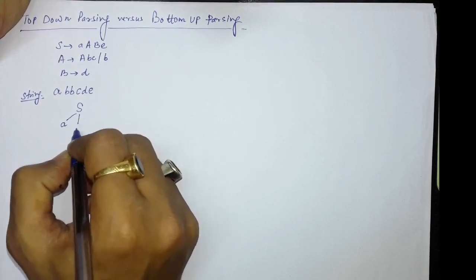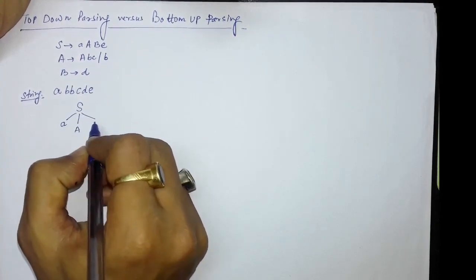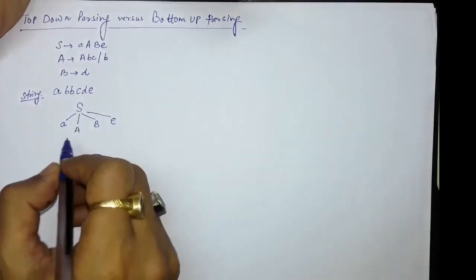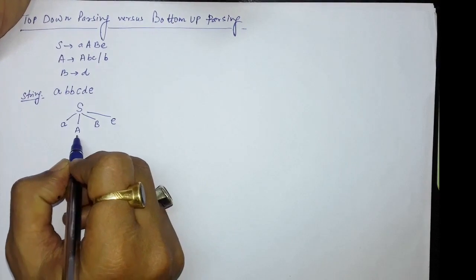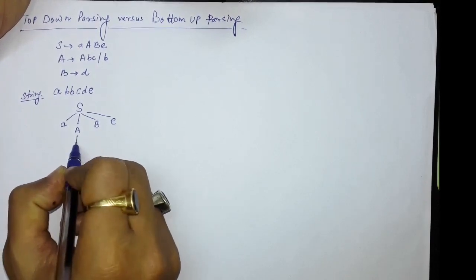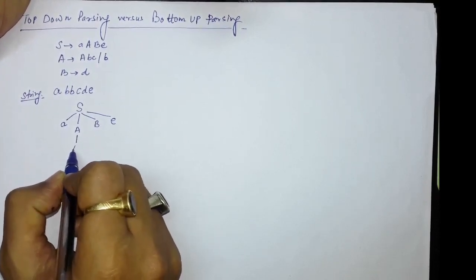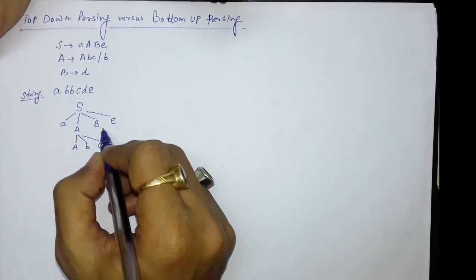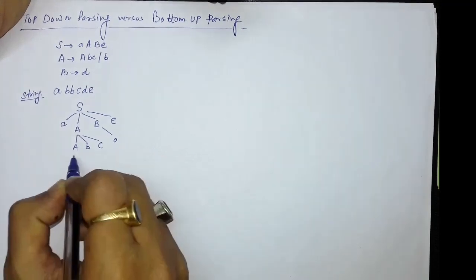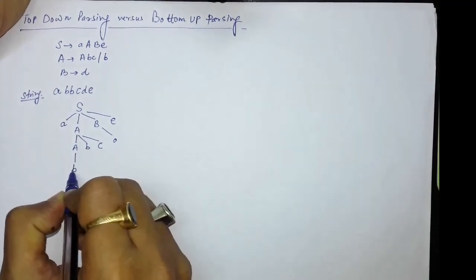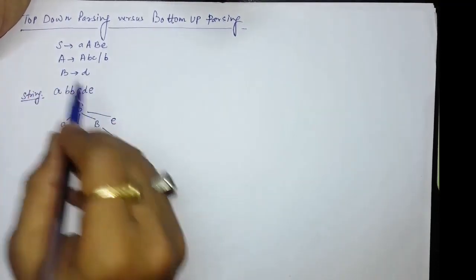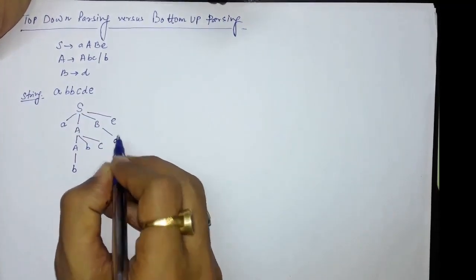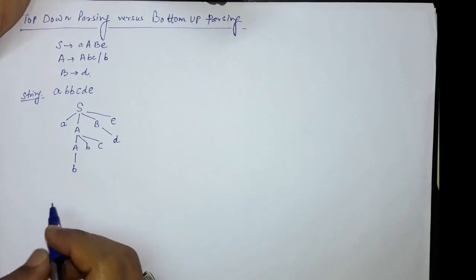to derive the string. So we are taking the first production, which is a, capital B, and e. Okay, so now after this I am going to derive this capital A: A produces A, b, and c. In the next step we are going to derive this A as b, according to the A produces b production, and for this B produces d according to this production.